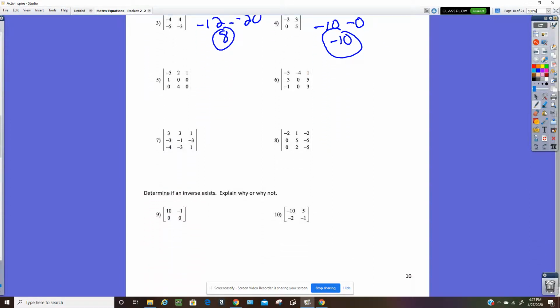All right, so this says to determine if there is one. So this would be 0 minus 0 equals 0. So the inverse does not exist because the determinant is 0.